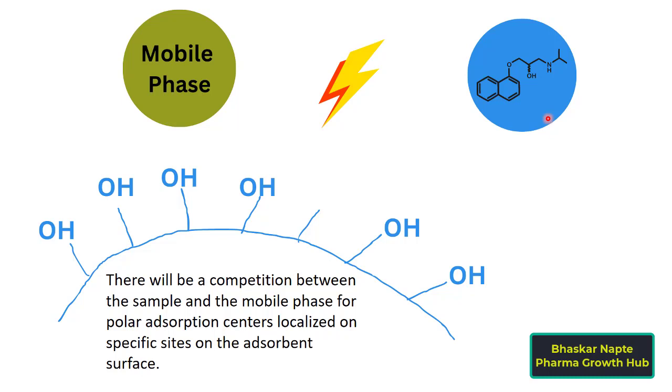Let us take the example of a bare silica column, where the silanol groups are the polar adsorption centers. In case a mobile phase also contains a polar solvent, maybe like alcohol, and your analyte is also polar in nature, these polar moieties are going to compete with each other for these adsorption sites, meaning the silanol groups.